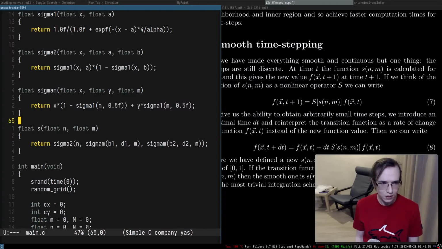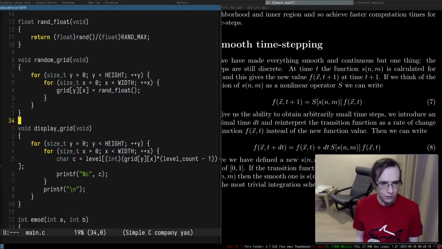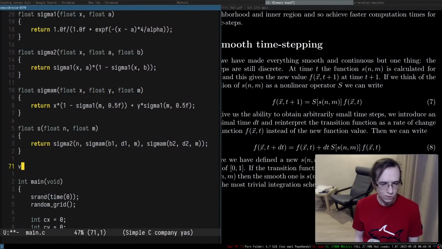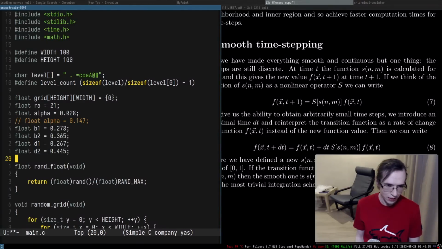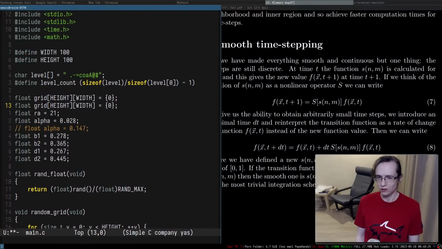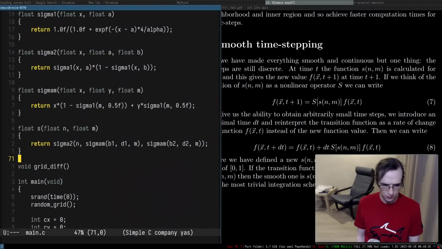So maybe grid diff, and maybe we're going to have this thing as literally a second grid in here. That actually sounds like a very interesting idea.